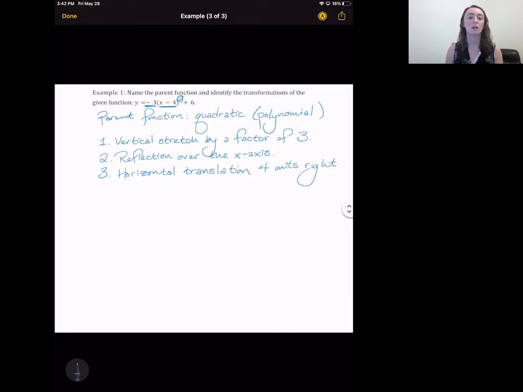Awesome. We have one more transformation, which is this plus 6, and that plus 6 is outside of the parentheses. This is our D value. If we have a constant being added or subtracted outside of the parentheses, that is a vertical translation.